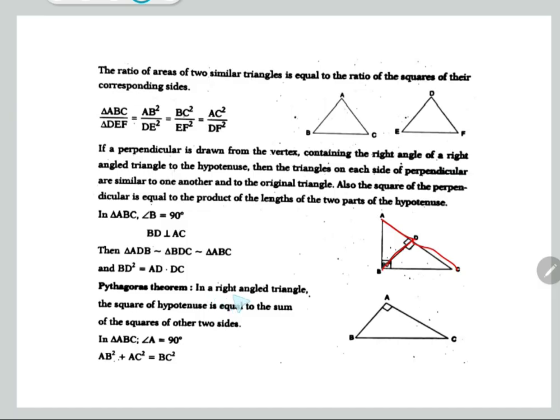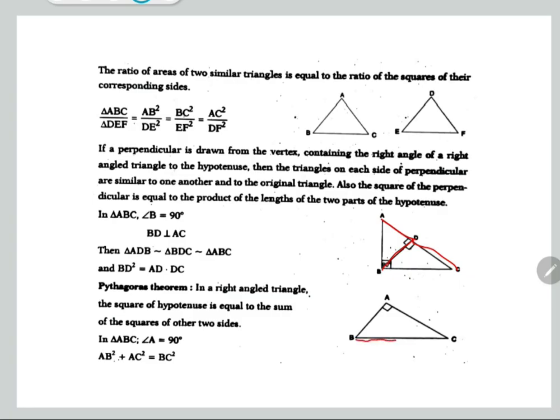Pythagoras theorem. In a right angle triangle, the square of the hypotenuse is equal to the sum of the squares of the other two sides. What is the Pythagoras theorem? In a right angle triangle, the square of the hypotenuse is equal to the sum of the squares of the other two sides.